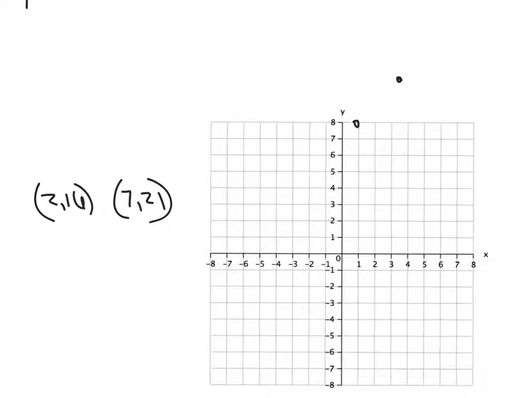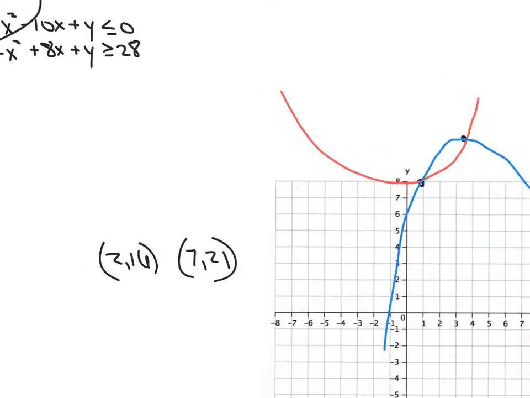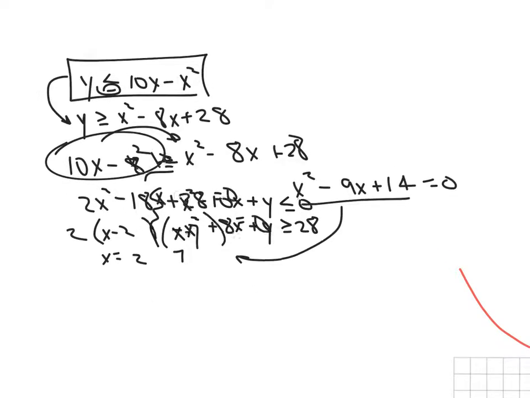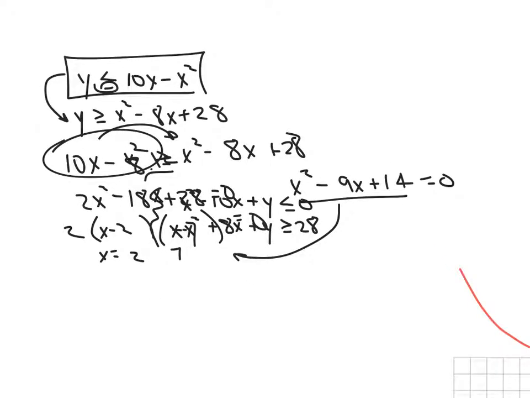So I'm going to end up with, and I'm going to just kind of throw a graph on here that isn't going to be real accurate, but it's going to give you at least an idea of what it looks like. Something along that line. So those are my 2 points of intersection, and my answer then is going to have to do with being over here, greater than and less than.